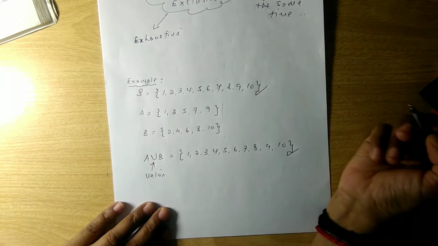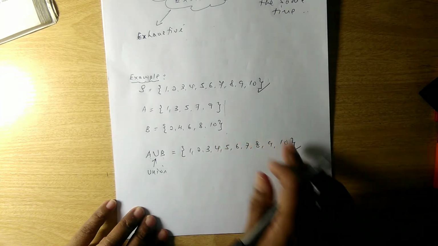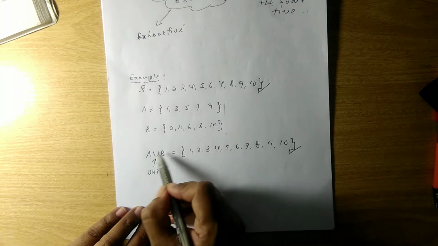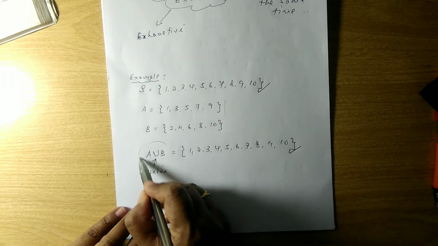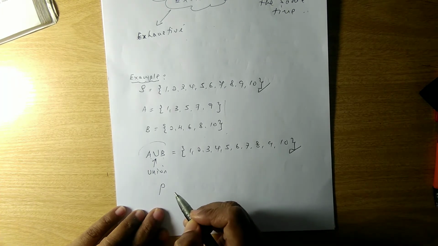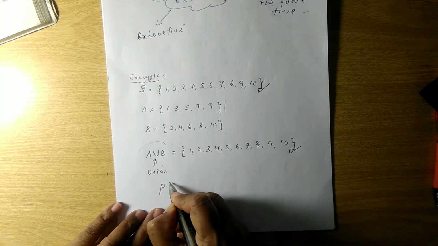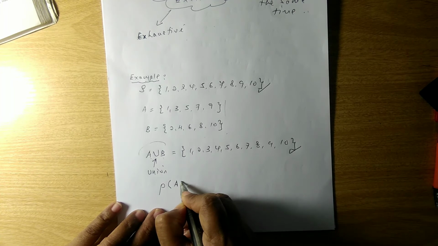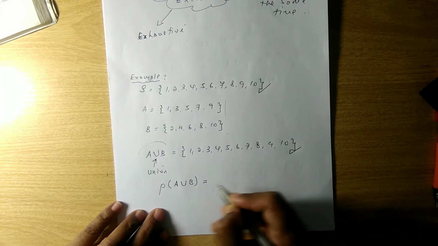If it's the same, this concept is considered exhaustive. So if two events are mutually exclusive, I can say that the probability of event A and B together is the probability of event A plus the probability of event B.